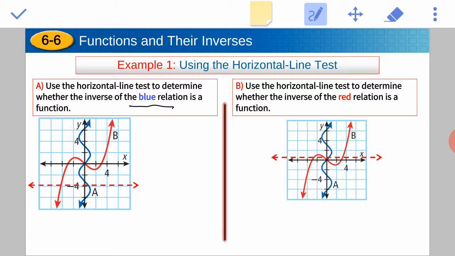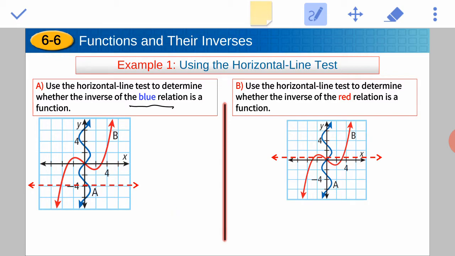So what shall we do? We apply the horizontal line test. So let's scan the blue graph from up to down or from down to up. As you see guys, the intersection of the horizontal line and the blue graph is exactly 1 point at a time. So the inverse of the blue graph is a function.